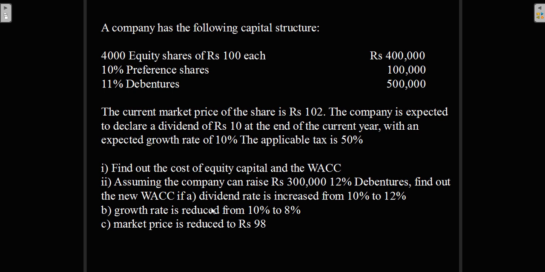Again, they are giving us three different iterations, I mean corrections, to the earlier situation. If the dividend rate is increased from 10% to 12%. So let's try to solve this sum.